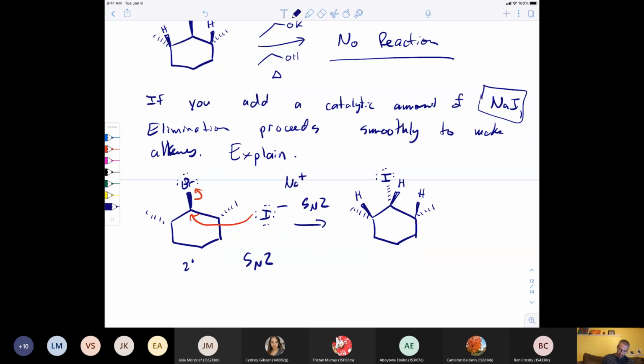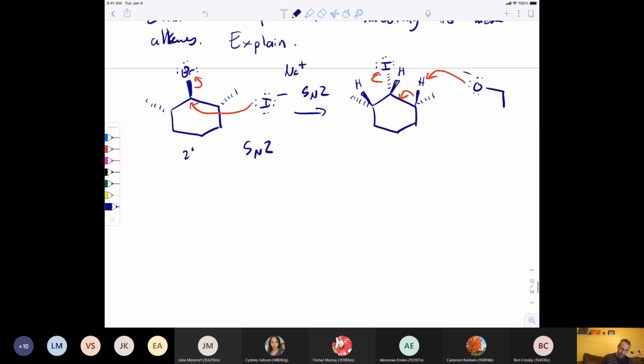But we still have alkoxide there. And now, after the iodide flipped the stereochemistry, those beta hydrogens are trans to the leaving group. And now it can very easily do an E2.